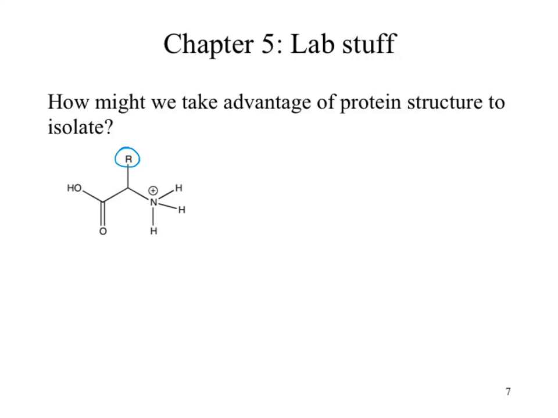So we want to separate based on charge. If we go to the pI, what happens at the pI? They're all neutral. We would not expect them to travel with that electric field. So what we're evaluating is changing ultimately the pH to change the charge and then change how these things separate.